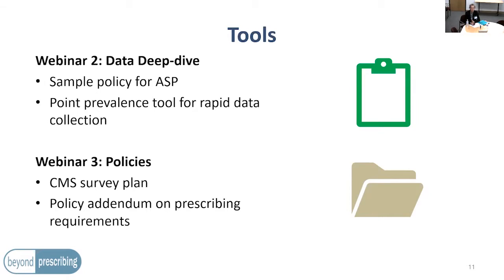And then we also gave you the behind the scenes document for CMS, which is what they're looking for, their survey document, their checklist, so that you can have an answer for every question that they're going to ask you as they go down their checklist to make sure you have a program in place.